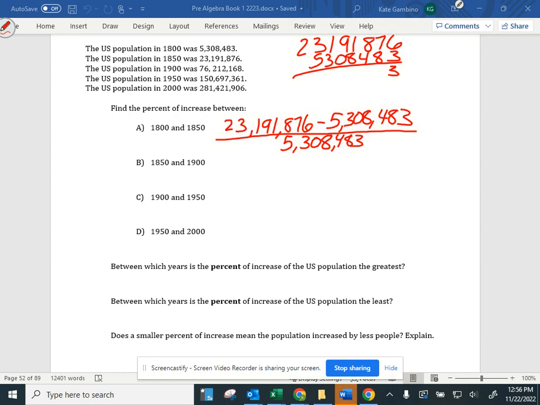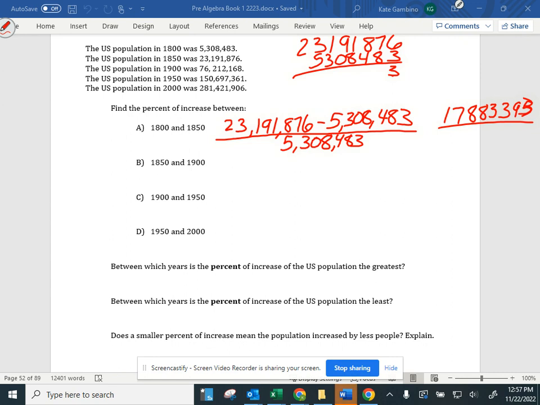What was that, Gus? It's 17,883,395. 395. That is not what I wrote. 393. Well, there's a 3 right here, 6 minus 3. So you might have written a little bit sloppy.